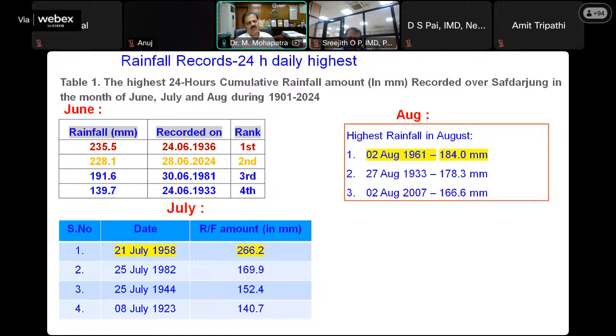So in the month of July also, climatologically you can expect extreme heavy rainfall over Delhi, and heavy to very heavy rainfall of course occurs over Delhi. In the month of August, the rainfall amount decreases; the highest ever is 184.0 millimeter, which occurred on 2nd August 1961.